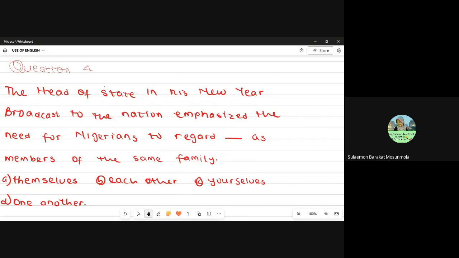What do you think the option to this question is? What is the right answer to this question? D. One another. Okay, one another. D. Why is everybody choosing D?